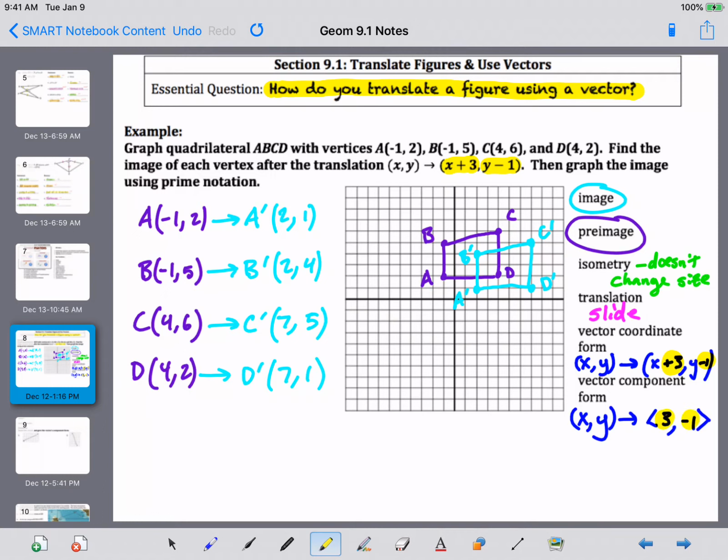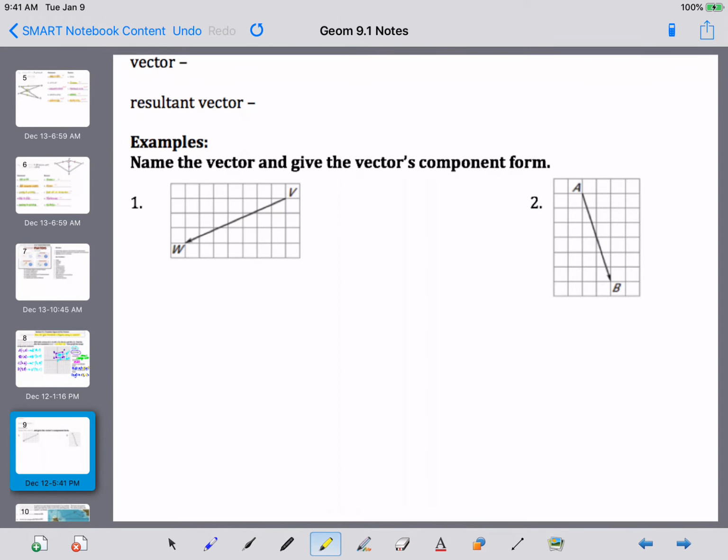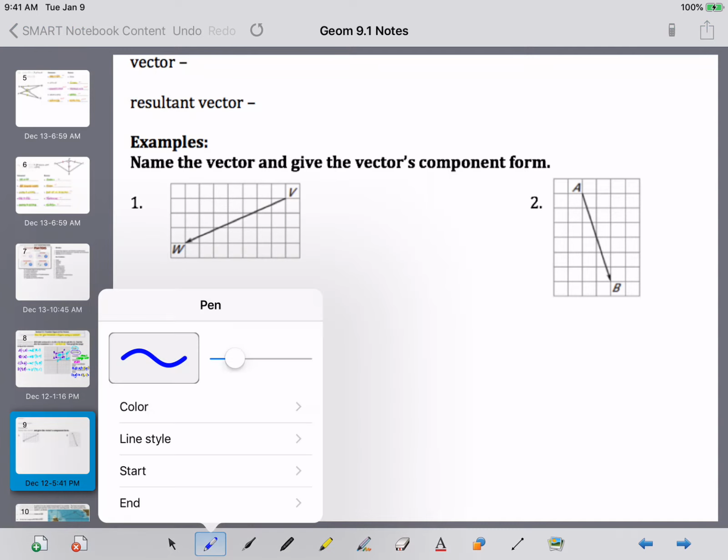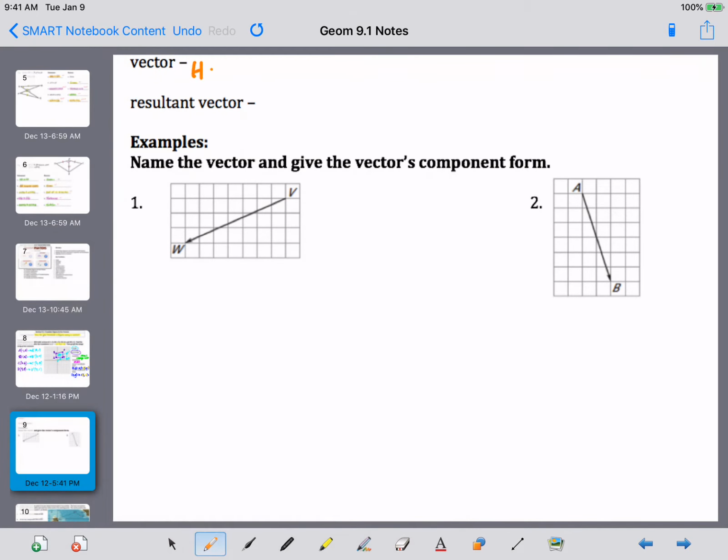Okay, so let's take a look at a couple more examples here. Two definitions before we get too far. First of all, a vector has two things. It has a direction, so you've got to know which way it's going, and a magnitude. Another word for magnitude is its size.